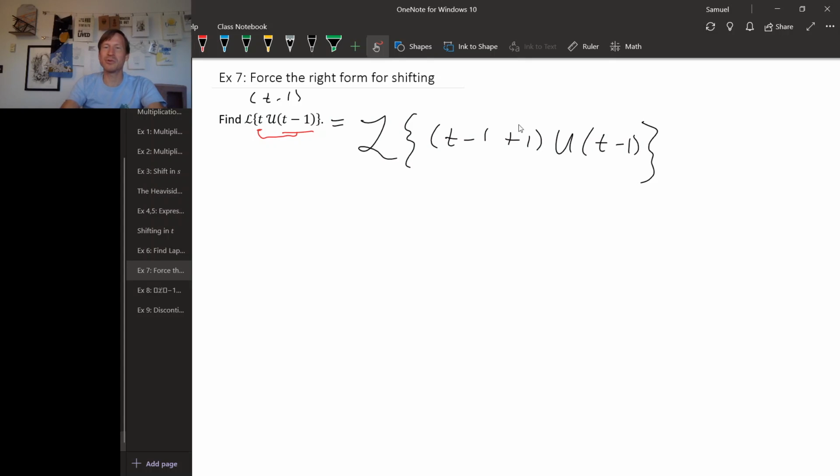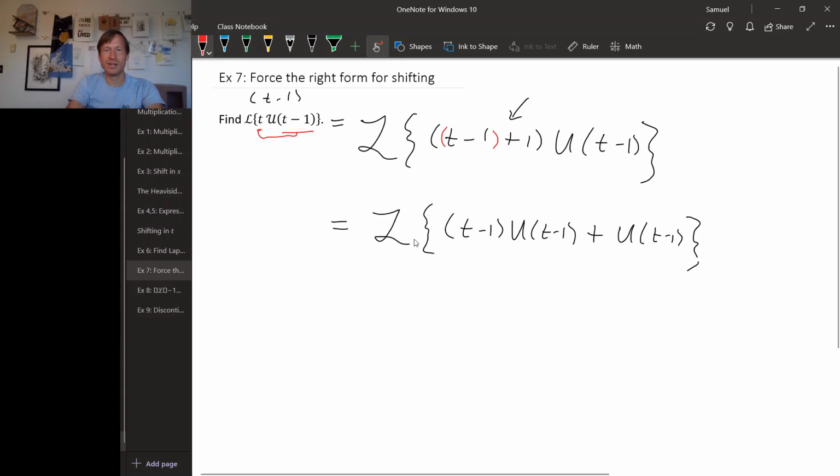So here we're intentionally unsimplifying, because now we have a t minus 1 to work with. If we group the stuff in parentheses like this and then distribute that step function, what we're trying to find the Laplace transform of is t minus 1 times u of t minus 1, plus 1 times u of t minus 1.